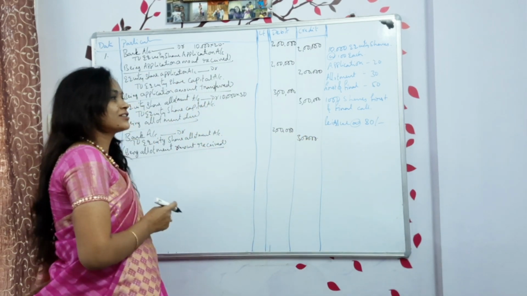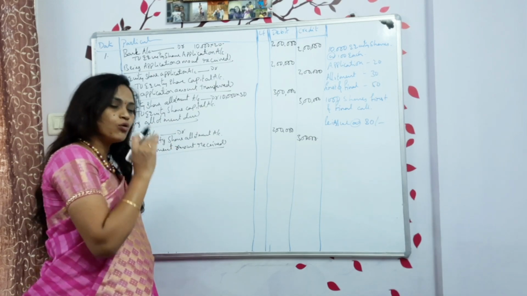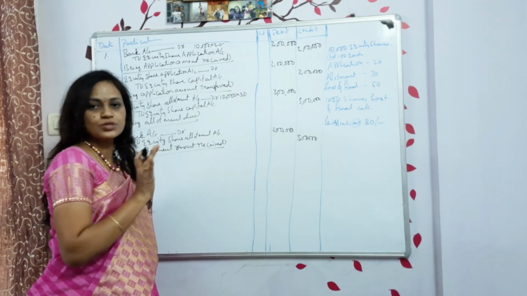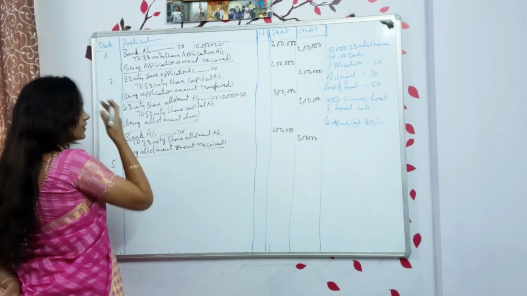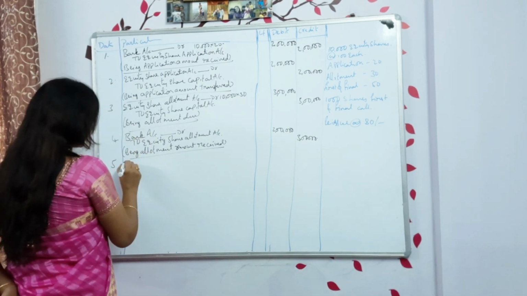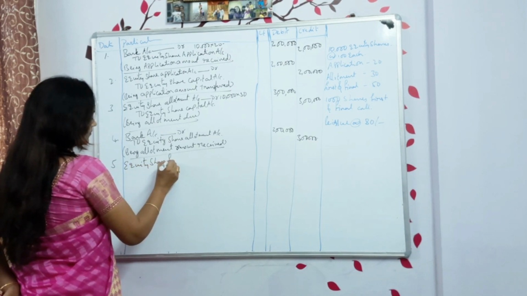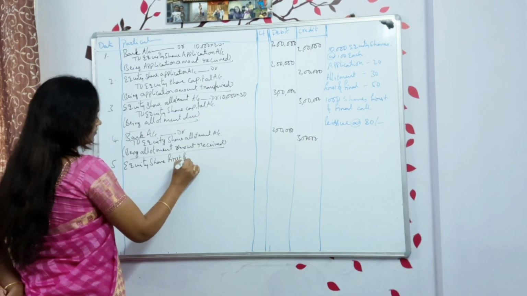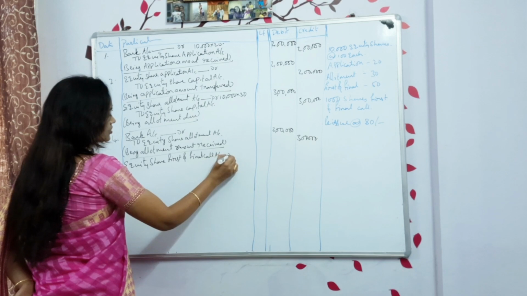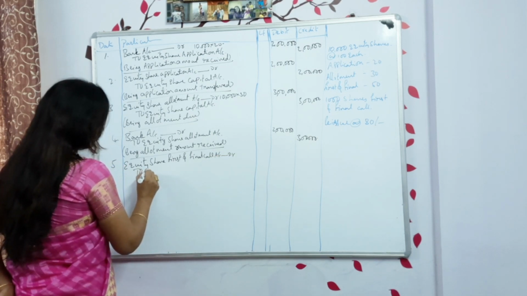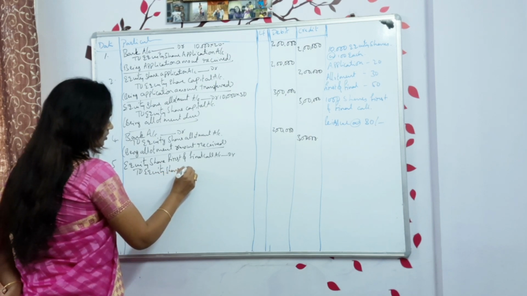Now the next journal is for first and final call due. This is also the same, there is no change in that. Check the old videos, we followed the same procedure. So the fifth journal is for first and final call due. Equity share first and final call account debit to equity share capital account.